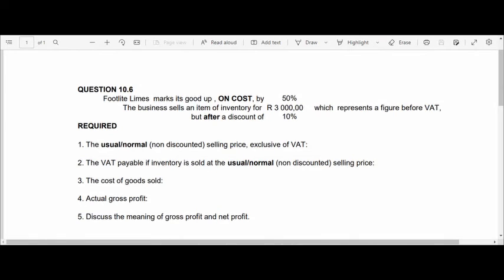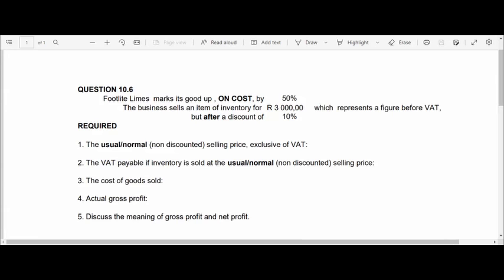Okay, so let's maybe just repeat that last part. The 3,000 rands, which they are selling the item for, represents a figure before VAT, exclusive, but after a discount of 10%, right? After a discount of 10%. So, ladies and gentlemen, now we can have a look at what they are requiring of us.